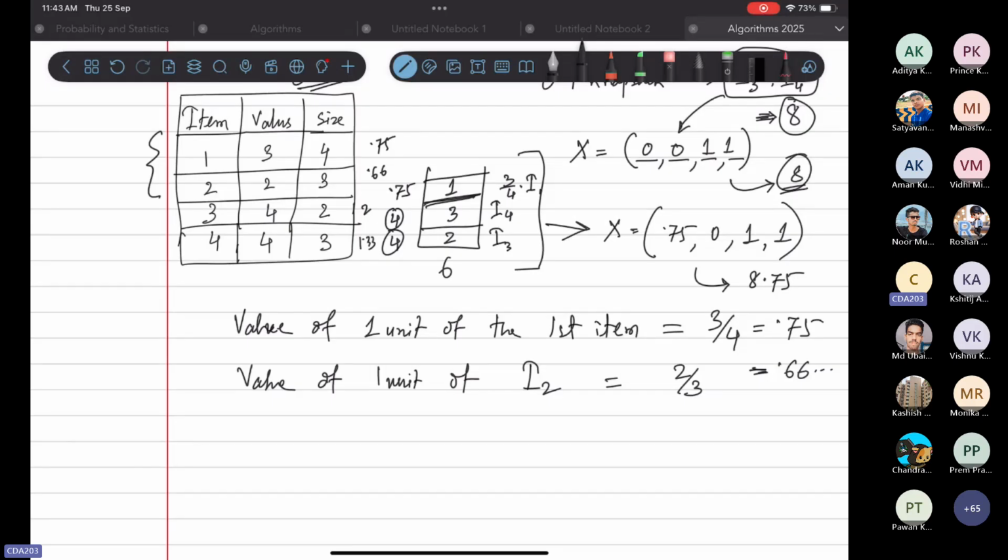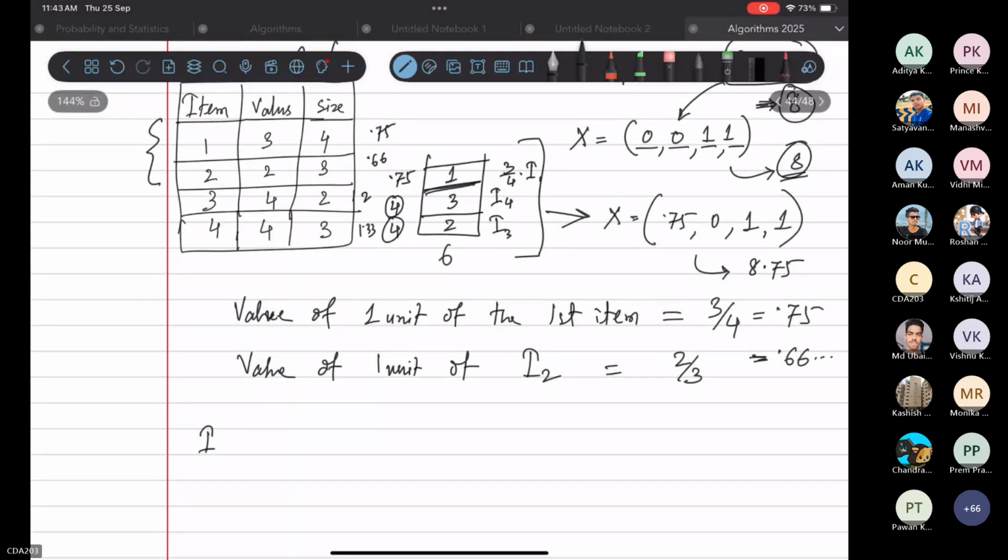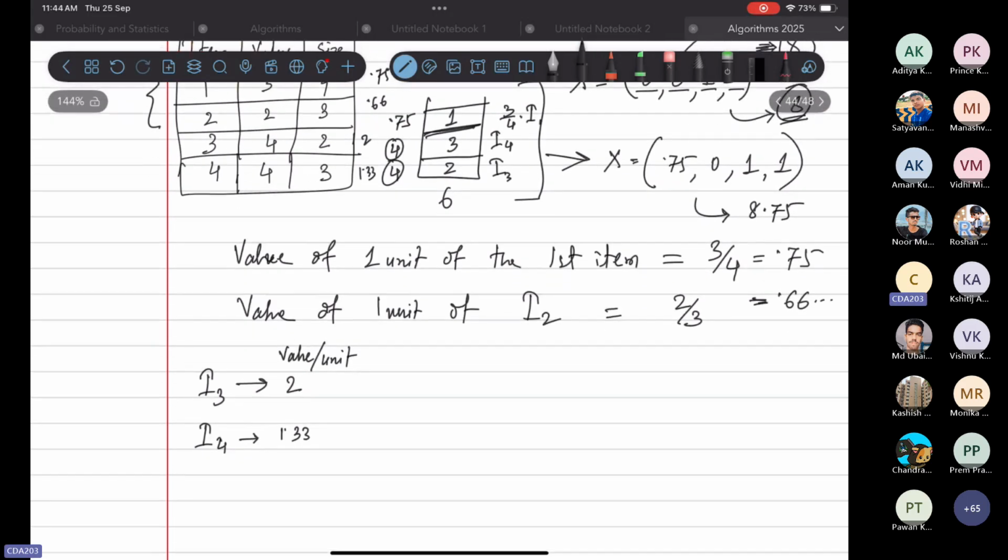So I'll arrange them by per unit value. I take item 3. It has 2. This is value per unit size. Then I have item 4. Its value per unit is 1.33. Then I have item 1.